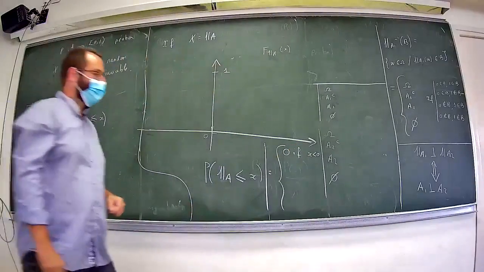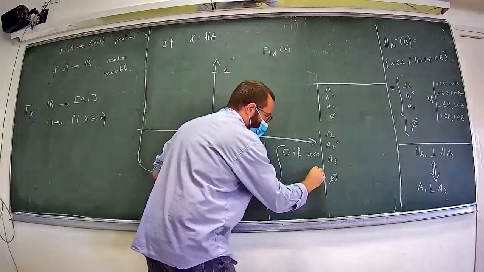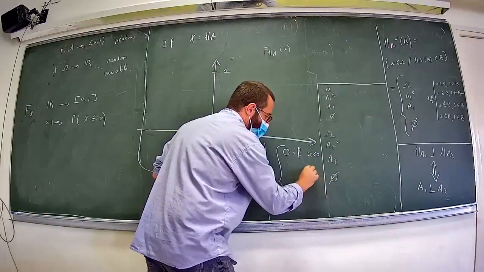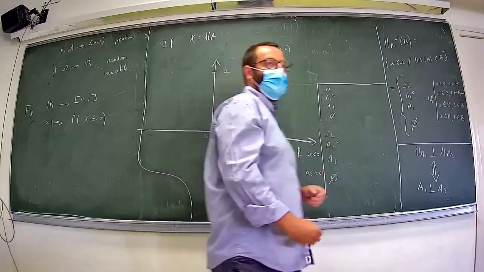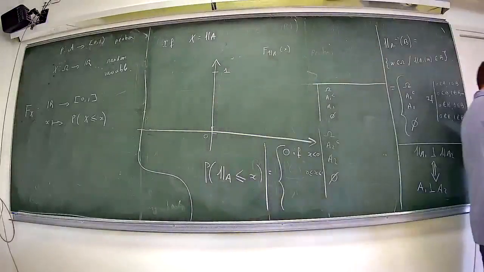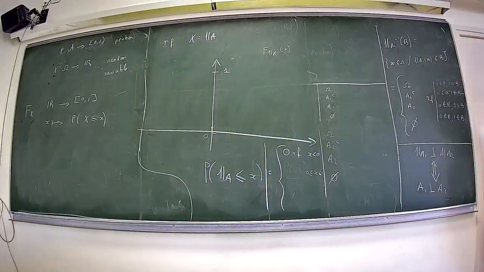Second case: what happens if x is greater than or equal to 0 and strictly less than 1?